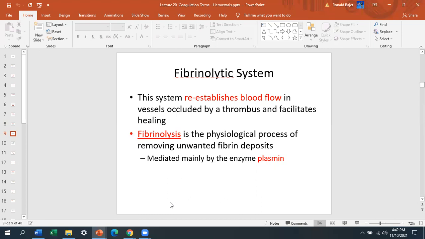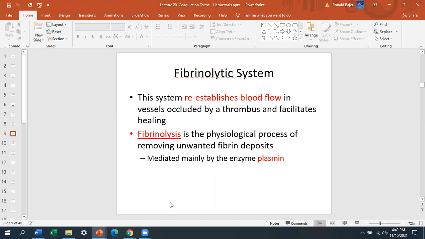So now your body's saying, I need to stop clotting. All this unwanted fibrin that's forming needs to be taken care of, and fibrinolysis will take care of it. Like I mentioned in the last lecture, the main enzyme that cleaves the clots is plasmin. So fibrin clot cleavage is done by plasmin.